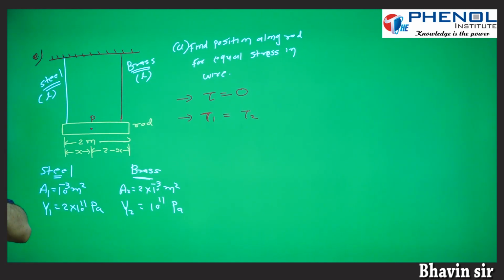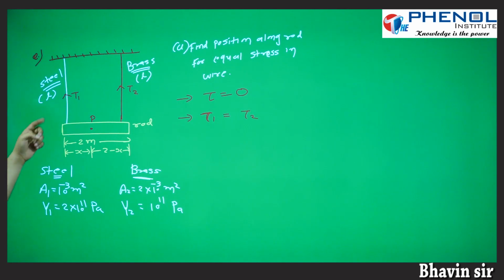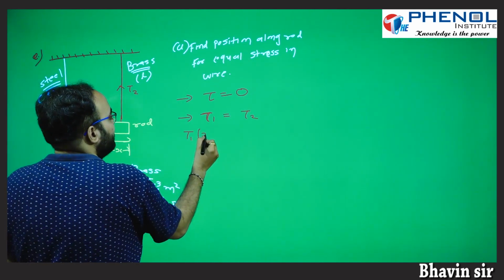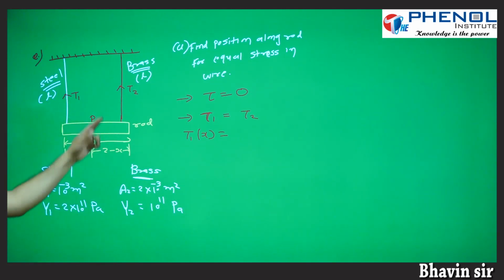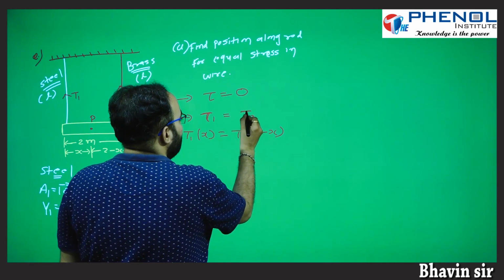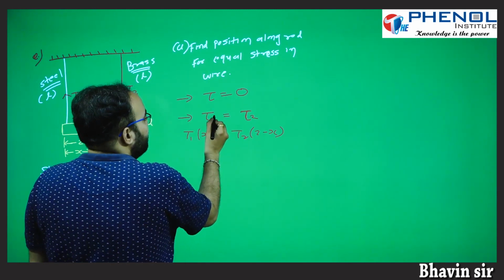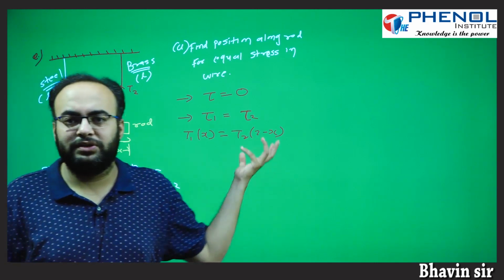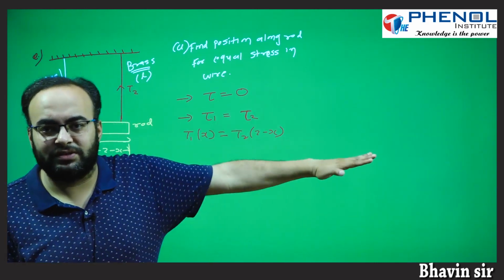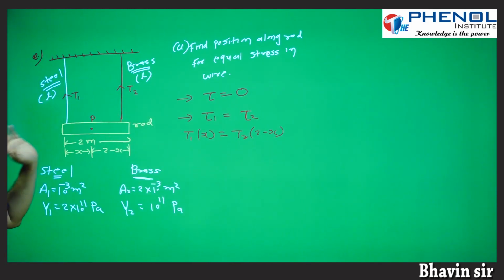Now what is the formula of torque? Force into perpendicular distance. Here the force we consider is tension. The tension is T1 and the perpendicular distance is x. Same for wire 2, tension T2. Resultant torque is 0 because the rod does not perform rotational motion; it is held in a horizontal position, that is given.